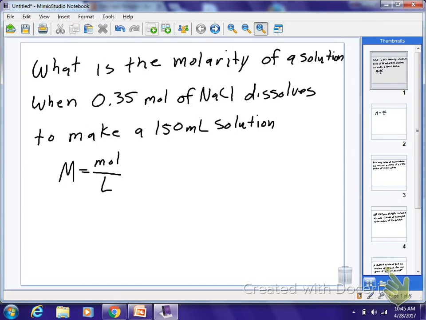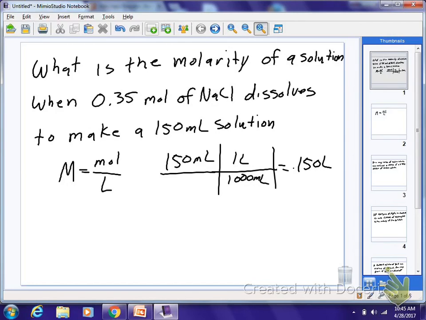2.3. All right? You have to take the 150, and the proper way to show it, now a lot of you guys just move the decimal, but the proper way to show it would be to divide by 1,000, and you get 0.150 liters.